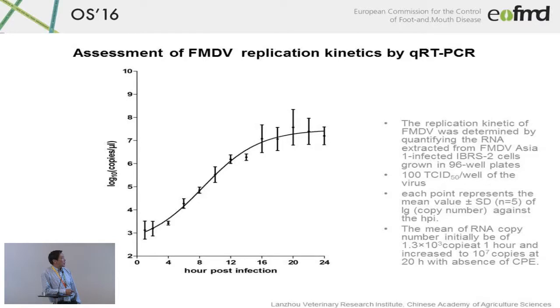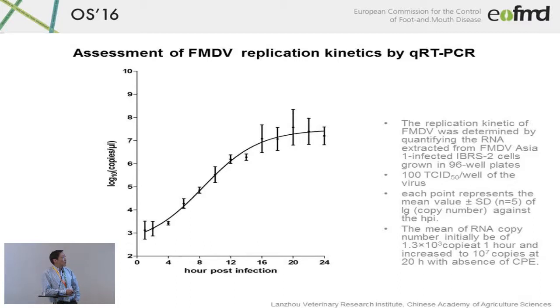At 1 hour after infection, you get roughly 10 to the 3 copy numbers, which gradually increase to 10 to the 7 copy numbers at 20 hours after infection. After that, we didn't see much increase in virus copy numbers. So that's why we decided to use 20 hours after infection as our end point to analyze the virus neutralization test.